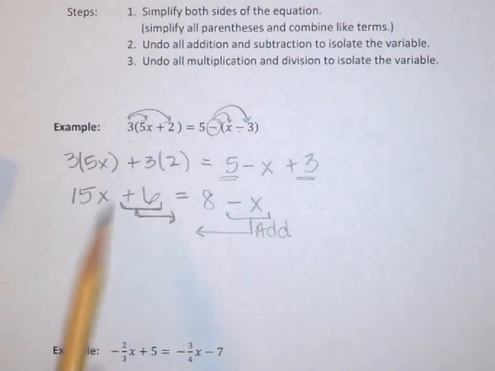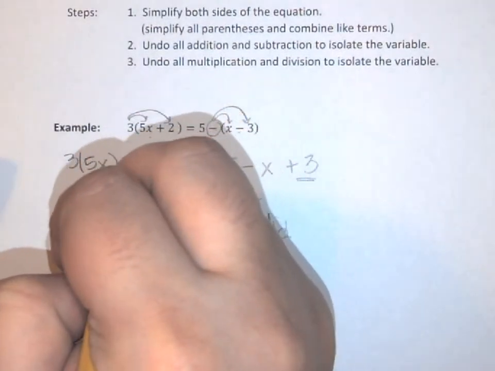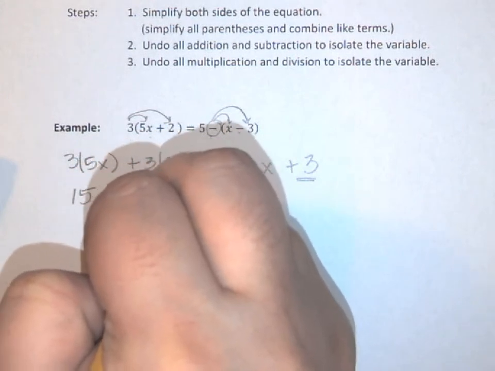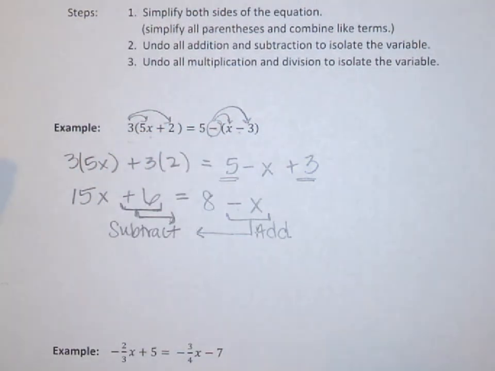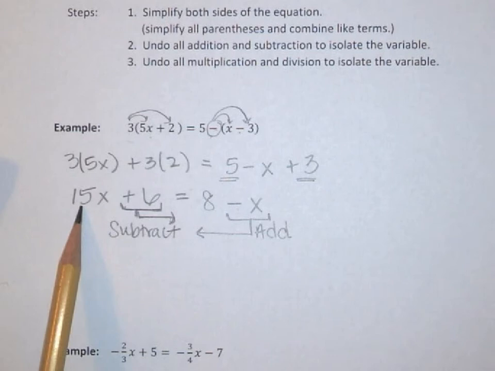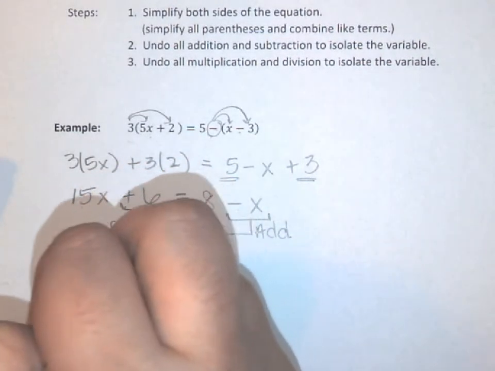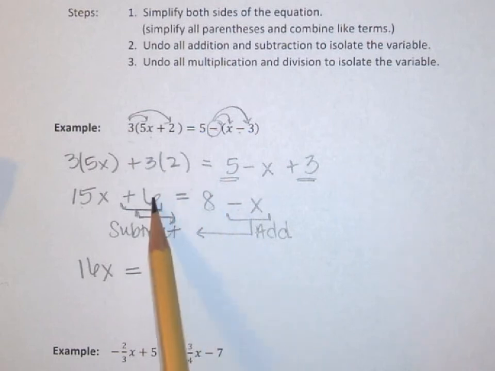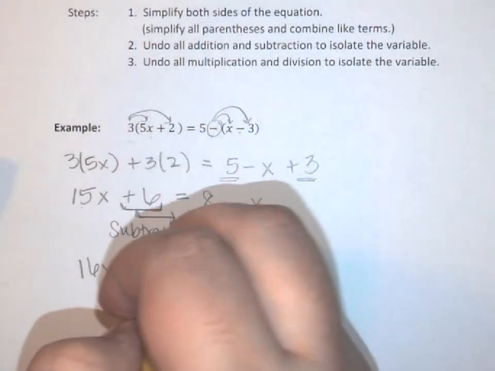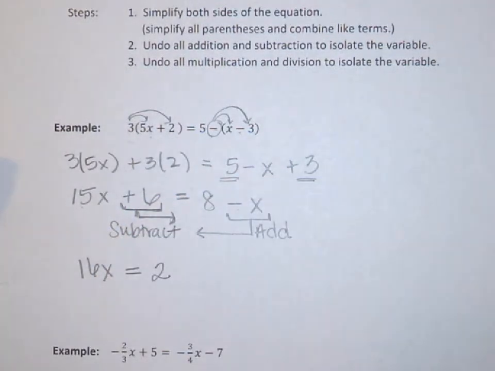Since the 6 is positive, in order to move it, I have to subtract. So here I'm going to have 15 plus an x is going to give me 16x. And then I'm going to have 8 minus 6 is going to leave me with 2. Now the last thing I need to do is get rid of that 16.